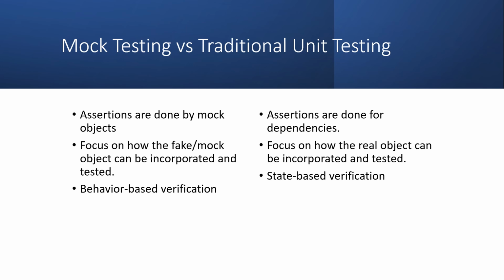These objects are initialized in advance about what method calls are expected and how they should respond. As the name suggests, mock testing focuses on how the fake or mock object can be incorporated and tested, whereas the traditional unit testing focuses on how the real object can be incorporated and tested.